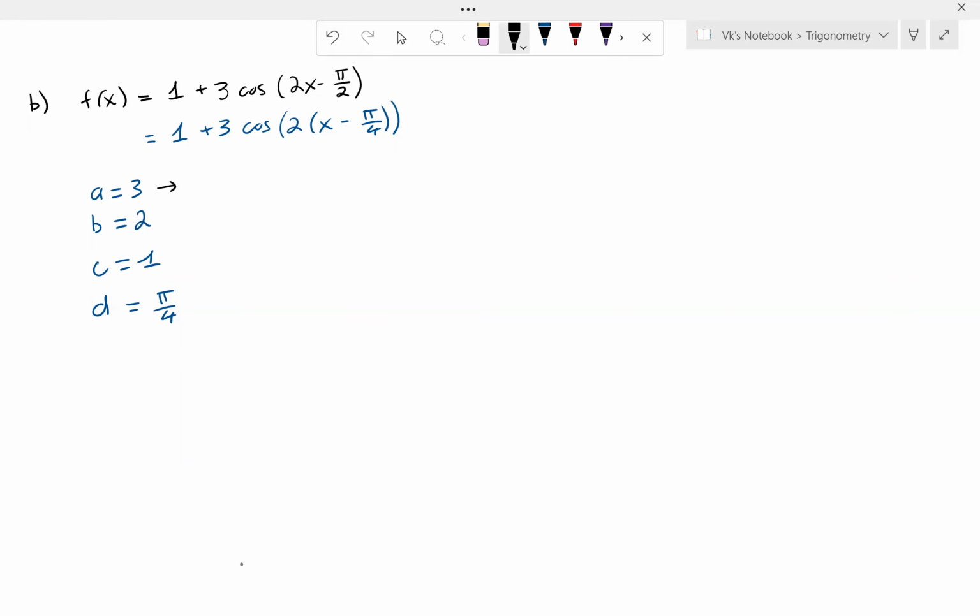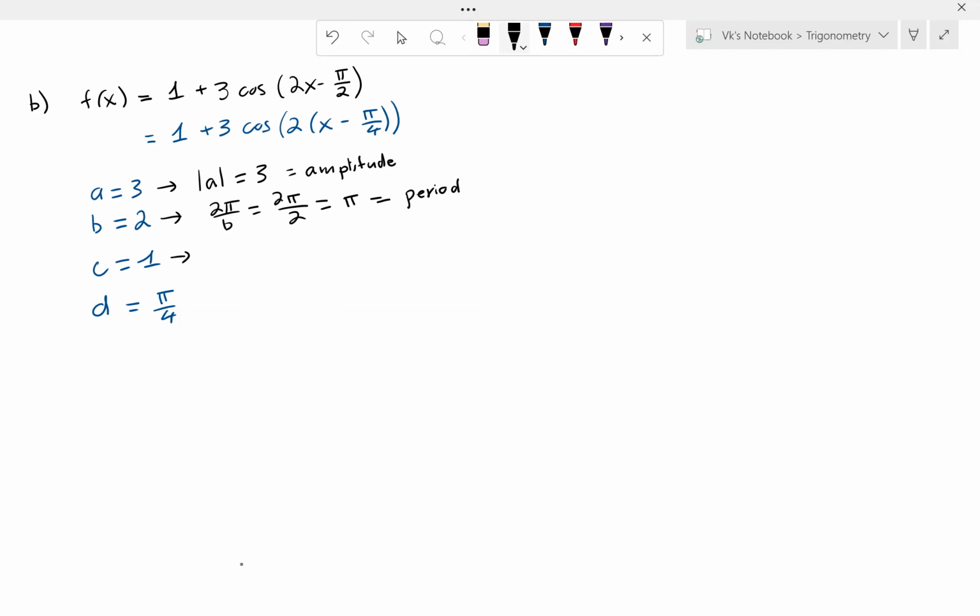It tells us that absolute A is 3. It's the amplitude. B equal to 2, so 2 pi over B is 2 pi over 2, which is pi. That is the period.